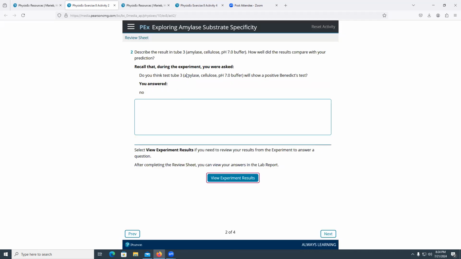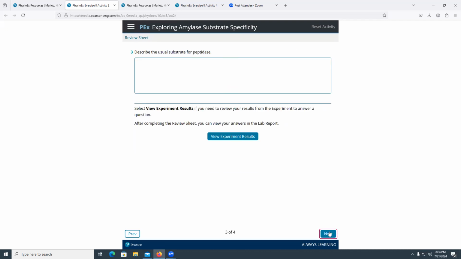So do you think this tube 3 would show a positive Benedict? No, and that is because cellulose cannot be broken down by amylase. Amylase only breaks down starch. Cellulose is only broken down by cellulase that is found in bacteria.